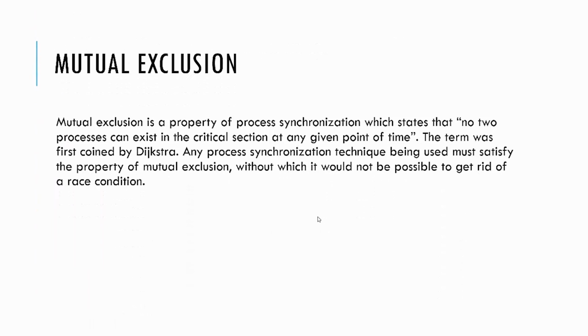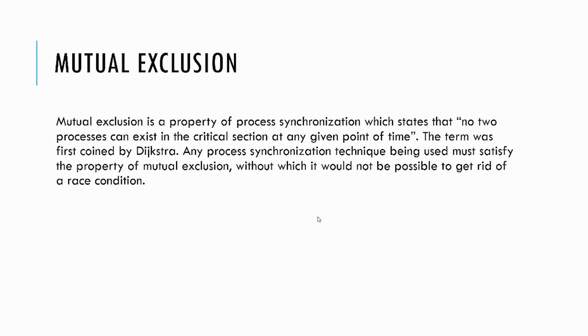Before that, let's see what mutual exclusion is, because mutual exclusion is a very important factor for Peterson's algorithm. Peterson's algorithm basically gives mutual exclusion to processors, where they can act independently and enter and leave the critical section without any problem.